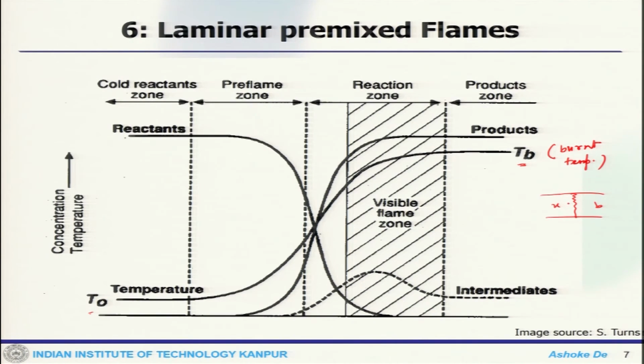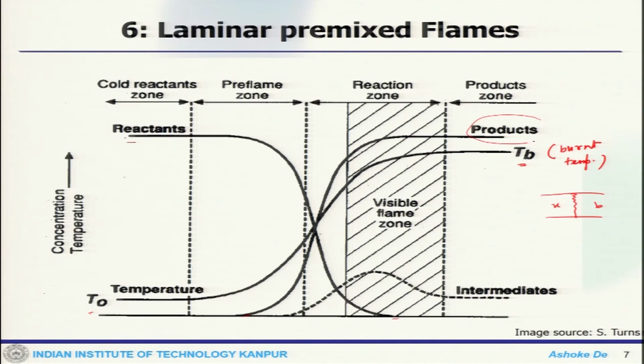When the temperature goes up due to reaction, the reactants automatically get consumed. This is my starting point of the reactants at the initial stage, and as they get consumed, the concentration comes down until it is completely consumed. Once the reactants are consumed, obviously we start getting the products.